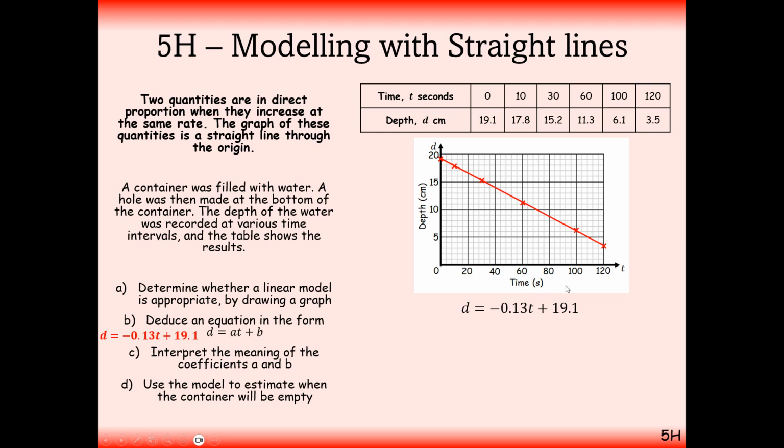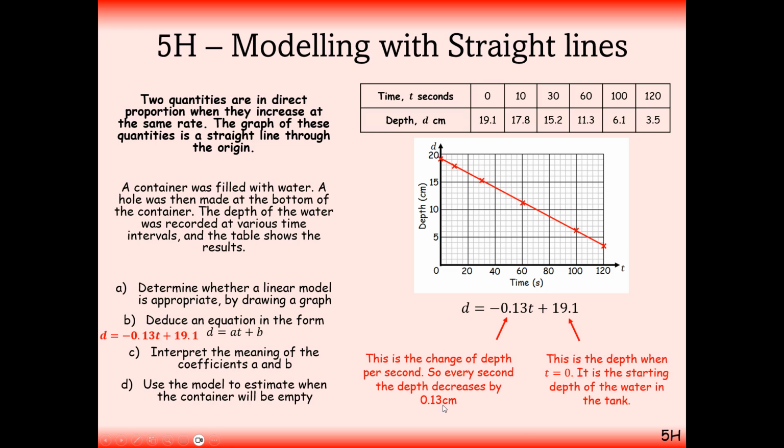So every second, the depth of water is falling by 0.13 centimeters. All right. So you write this as the value of the gradient is indicating the depth of water changes by 0.13 centimeter, because that's the units.